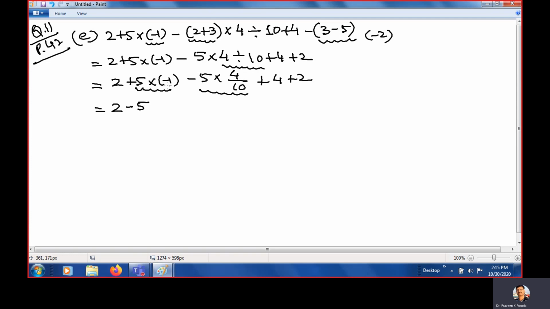Plus will change into negative because negative is here. If you will multiply, you will get 2, because 5 times 4 is 20, 20 upon 10 is 2, and plus 4 plus 2.